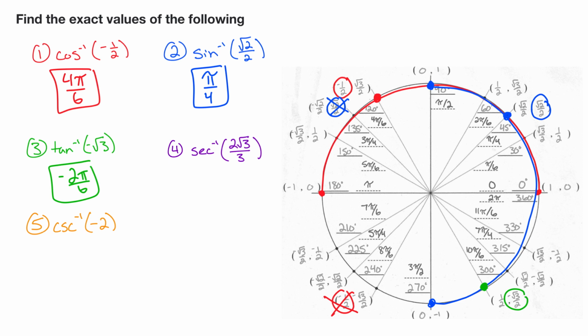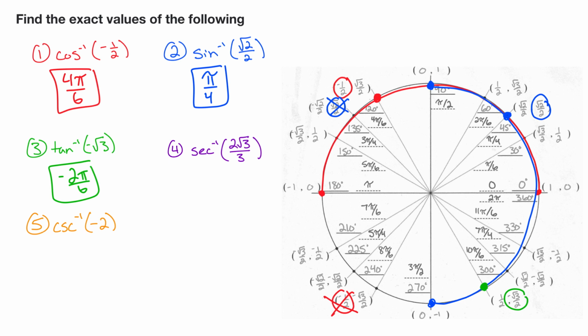Problem 4, I'm dealing with the secant inverse of 2 root 3 over 3. Now that might look super complicated because it's saying when is the secant value going to be 2 root 3 over 3, which is saying when is the reciprocal cosine going to have a coordinate of 3 over 2 root 3. Notice that there's a root 3 in it. Root 3 will only show up if the coordinate had a root 3.